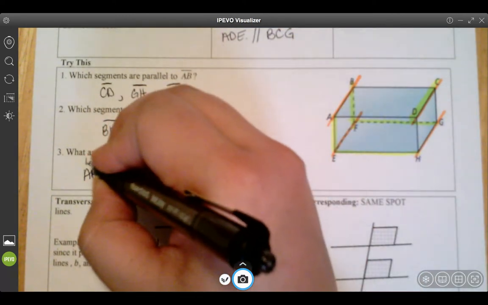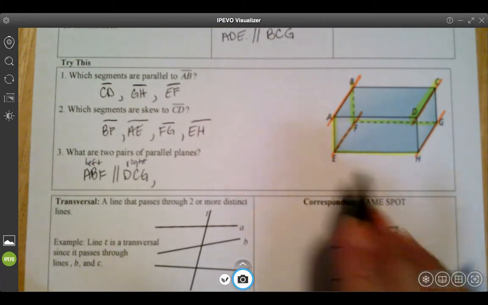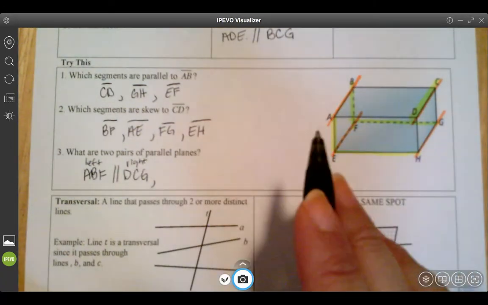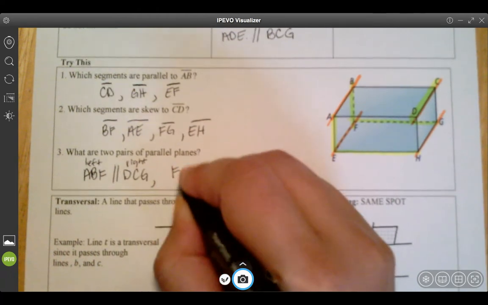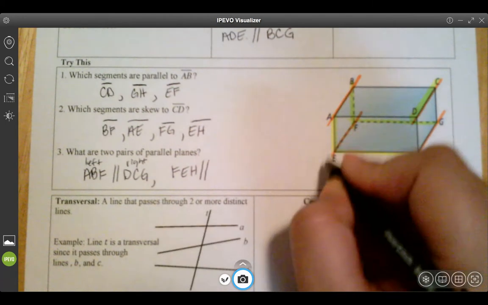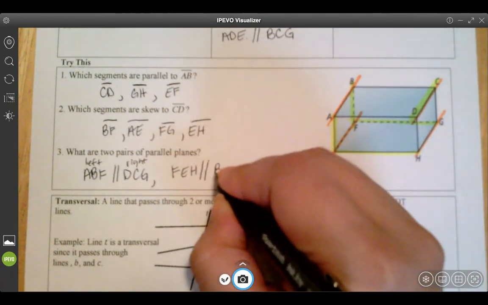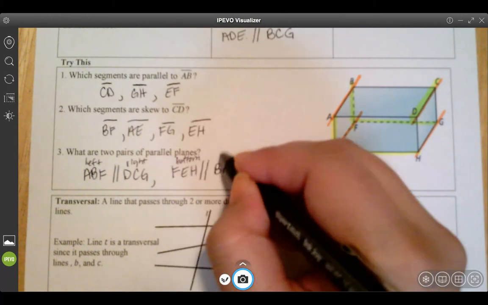That's left and right. And then we have parallel to the bottom would be the top. So we have FEH is parallel to BAD. That was the bottom and the top.